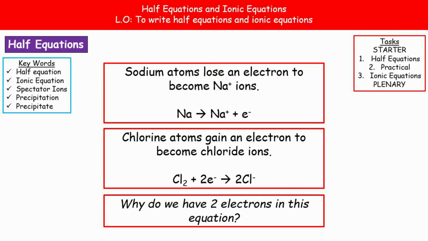So we start off with Cl2, and each of those chlorine atoms needs to gain a single electron. So onto that we add 2 electrons, 1 for each chlorine atom, and we will make 2 chloride ions. So make sure you've got those points written down if you didn't already get them, and then see if you can answer why we have 2 electrons in the equation at the bottom.